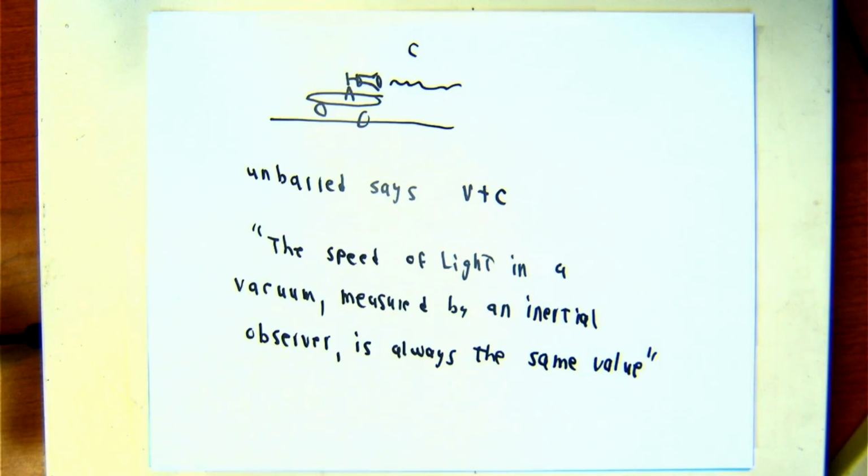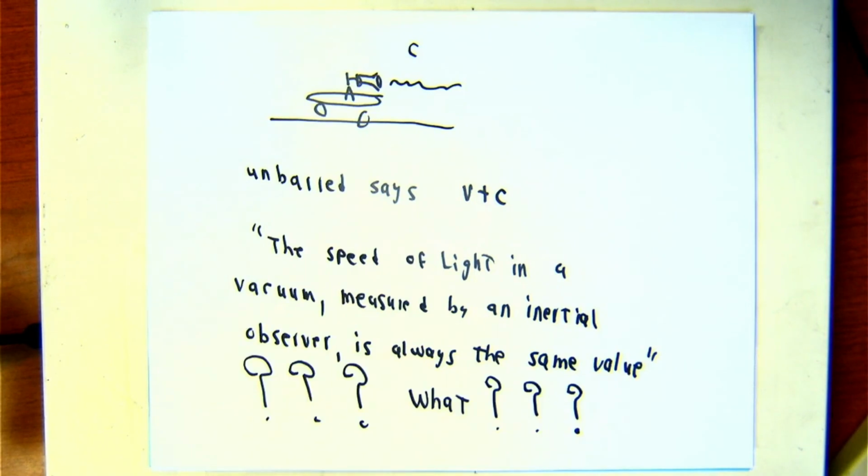After a lot of work, the conclusion that people came to was, experimentally, the speed of light measured by an inertial observer in a vacuum is always the same value. It's always roughly 3 times 10 to the 8 meters per second. This is going to be our wedge into talking about special relativity.